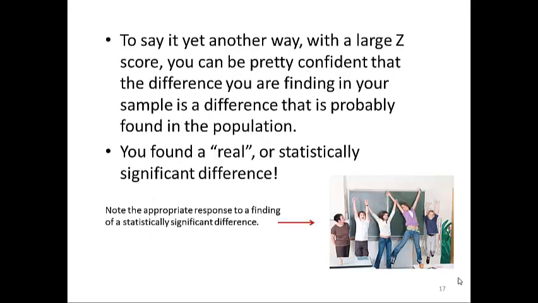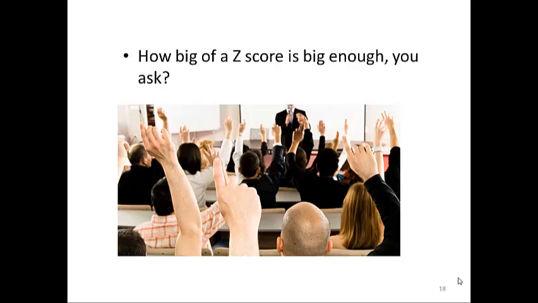To put it another way, with a large z-score, you can be pretty confident that the difference you're finding in your sample is a difference that's probably found in the population. You found a real, or statistically significant, difference. Something everyone likes to find when they have conducted an outcomes research project where you're trying to make a difference.